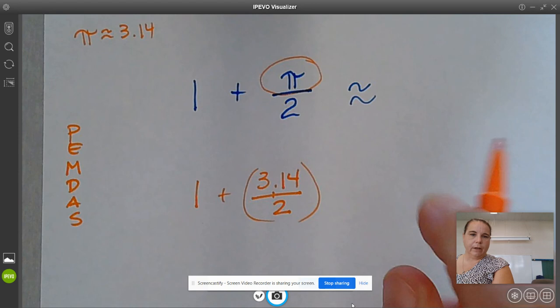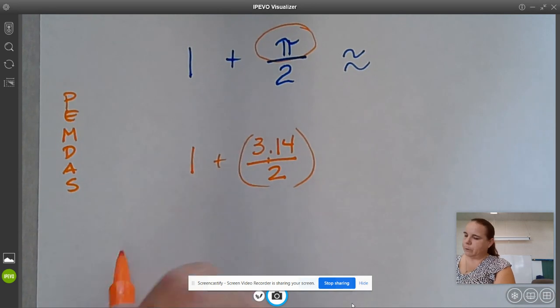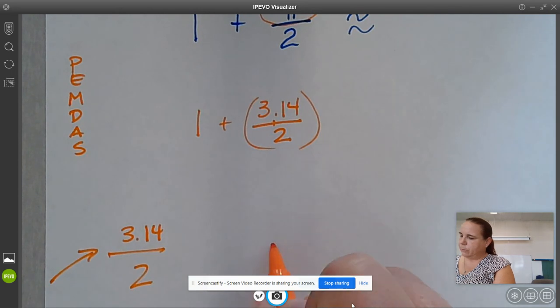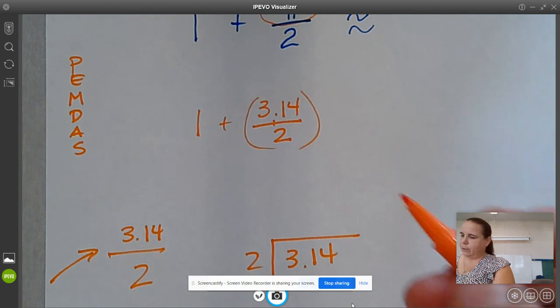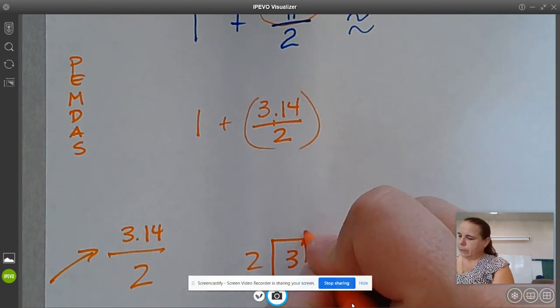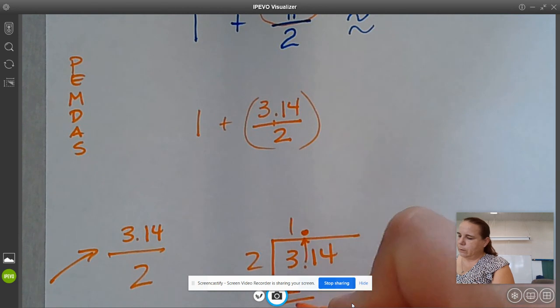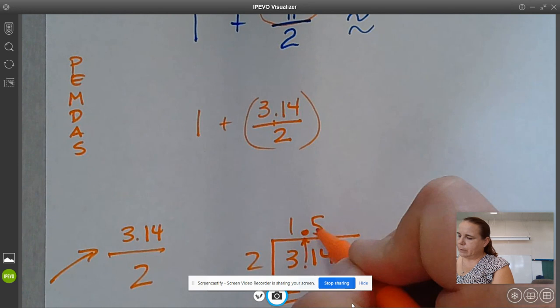That's what this is. So we learned, right, if it was 3.14, right, over 2, that we can knock this fraction over, and the 3.14 goes on the inside, and we're going to divide that by 2. We need to move the decimal right here. 2 goes into 3 one time. Bring that 1 down. 2 goes into 11 5 times.